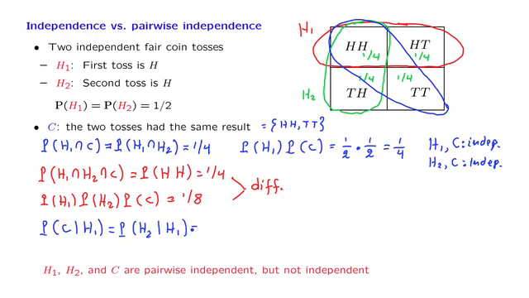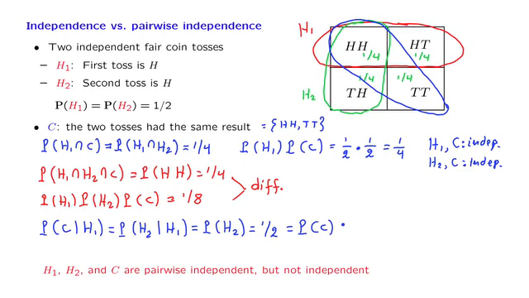And since H2 and H1 are independent, this is just the probability that we have heads in the second toss, and this number is 1/2. And 1/2 is also the same as the probability of C. That's another way of understanding the independence of H1 and C. Given that the first toss resulted in heads, this does not help you in any way in guessing whether the two tosses will have the same result or not.